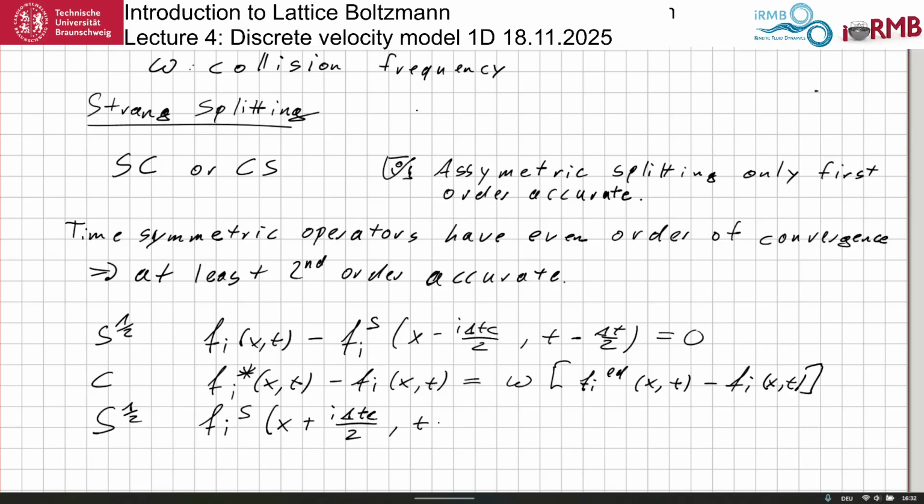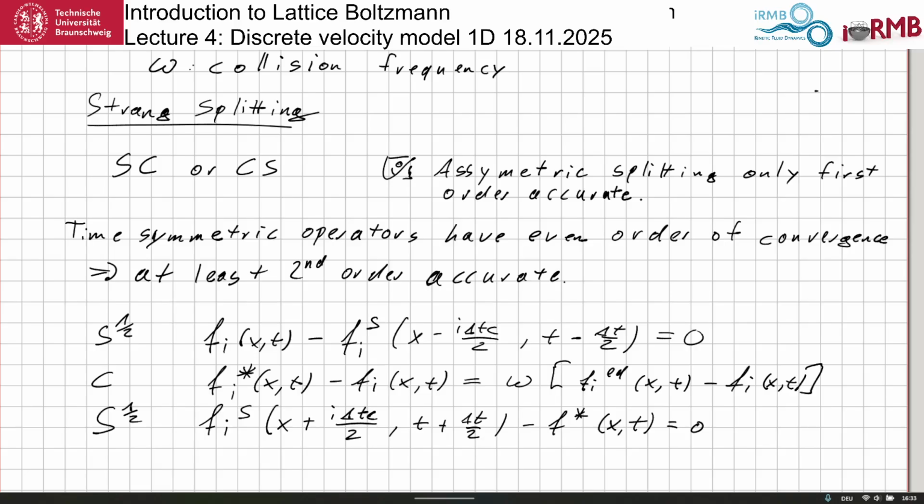Here I'm pushing it 1/2 further, and here I'm pulling it 1/2 further, if you will. So Fi at t plus delta t half minus the post-collision thing at x and t is equal to 0.